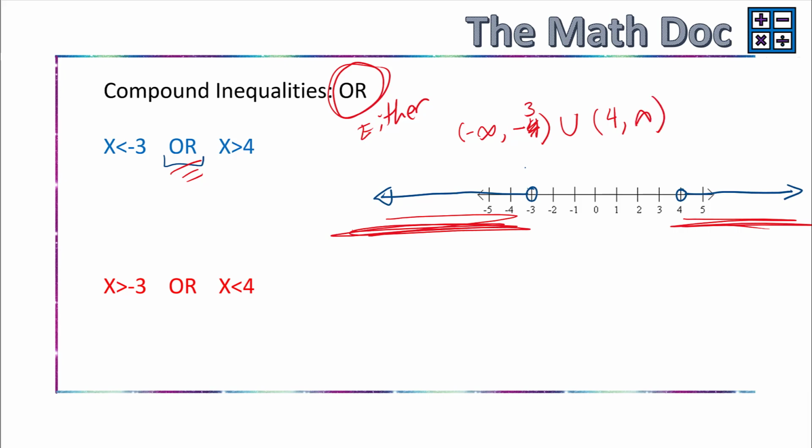So we're looking to add these two intervals, and we find that we have two regions where this compound inequality with the or is satisfied.